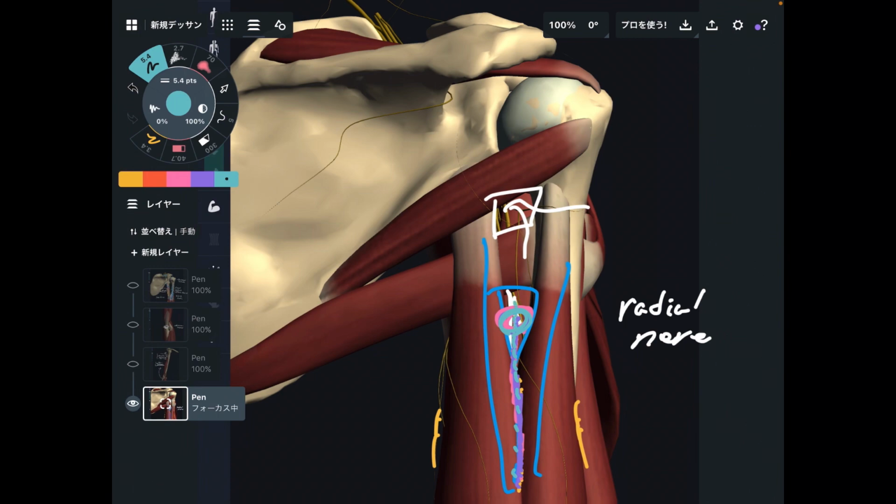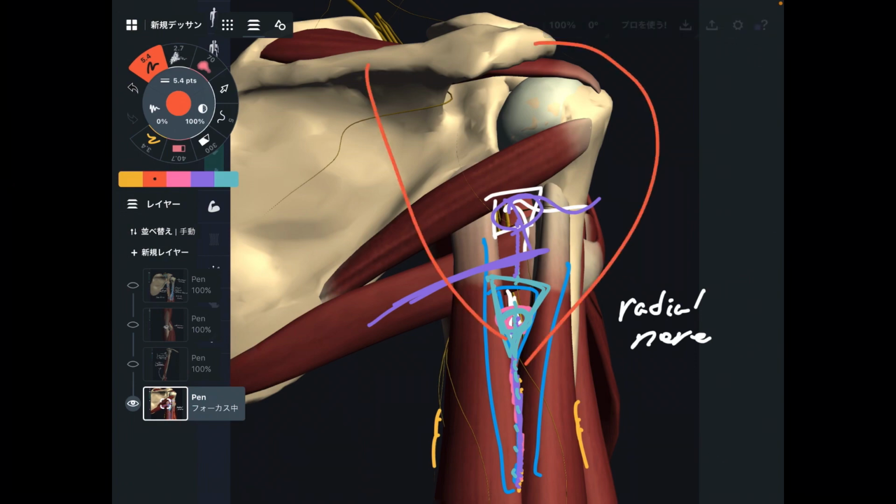Now, once you palpate this triangular space, triangular gap, you still go up. You are on what? Teres major. Now you go over teres major, then if you feel a gap, there is the quadrilateral space. What is there? There is the axillary nerve. Oh my gosh, very important place. One thing you have to be aware of is that the deltoid covers the quadrilateral space.